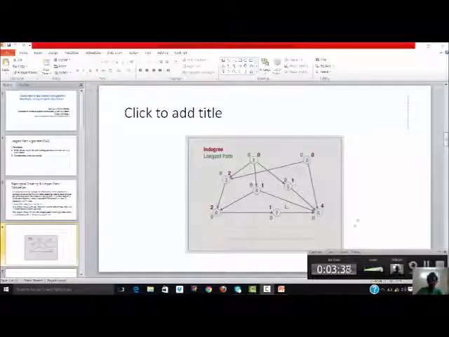So this is the graph for reference. So here the red colored materials are the indegrees of the nodes, and the green marked materials are the longest path.